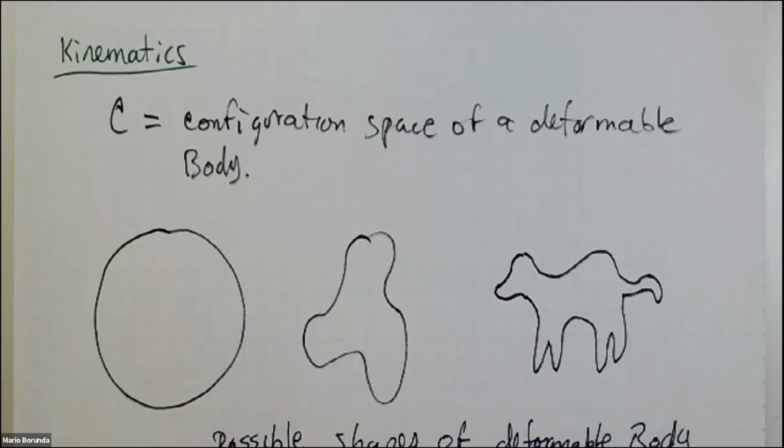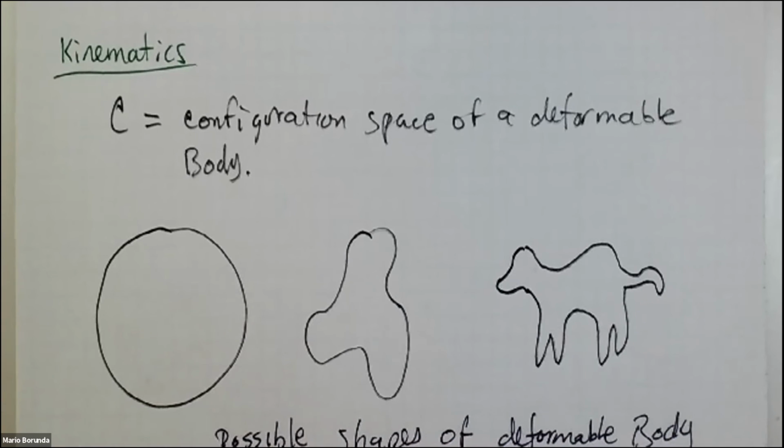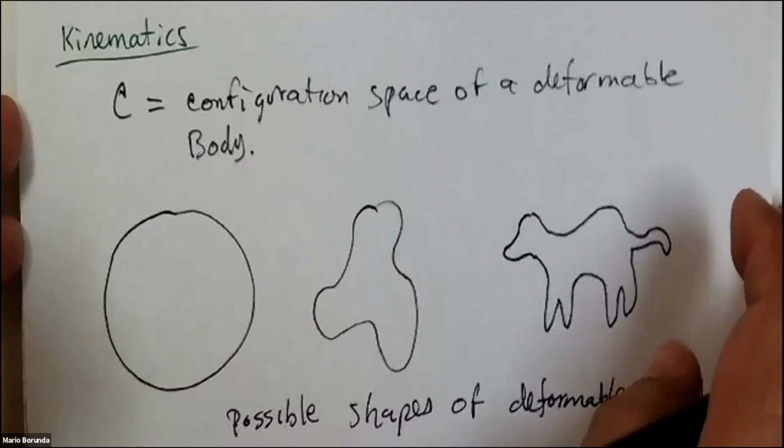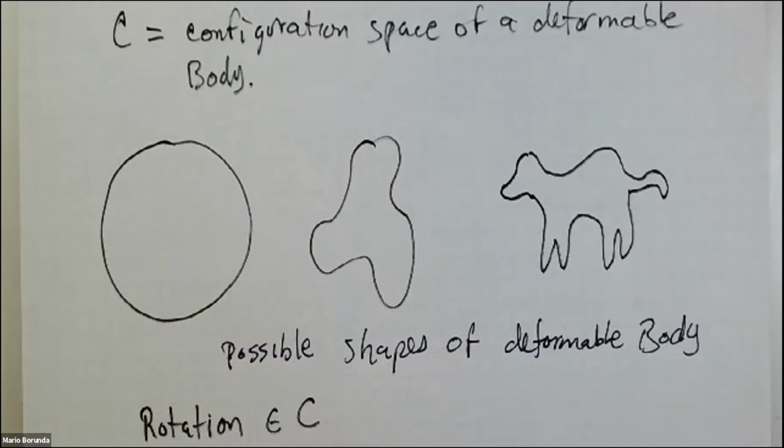So the rotations belong to this C. Rotation is a change in the orientation, right? You're simply rotating the shape. So all of the rotations, like for instance, if you put this guy upside down, that's just a rotation. That rotation motion that you did is part of this configuration space.